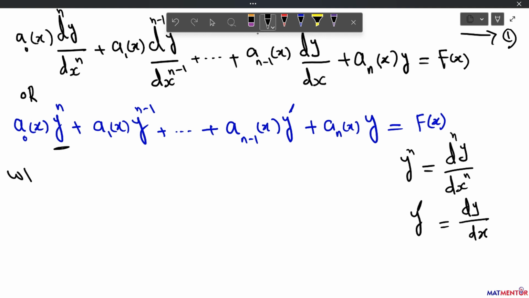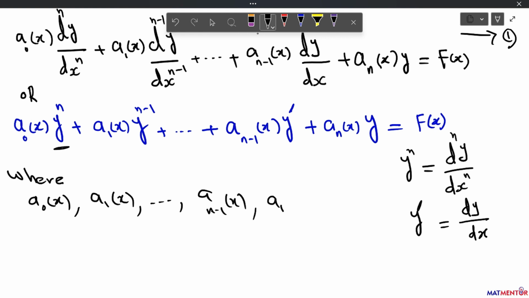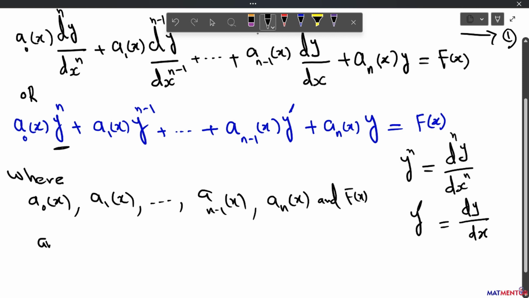where a0 of x, a1 of x up to a_(n-1) of x, a_n of x and f of x are basically functions of the independent variable x, and a0 of x is not equal to 0.